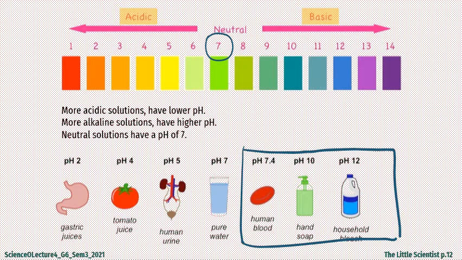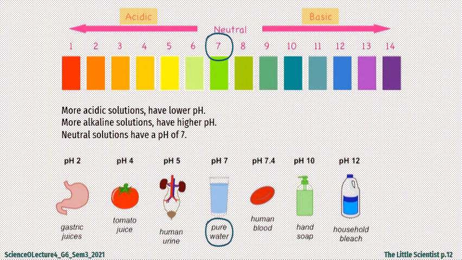Hand soap has a pH equal to 10. Household bleach has a pH equal to 12. So these substances have a pH greater than 7, so they are basic substances. Water has a pH equal to 7, so it is a neutral substance.